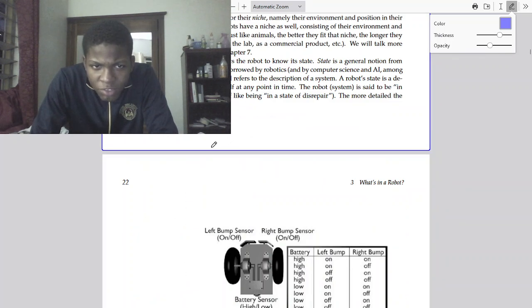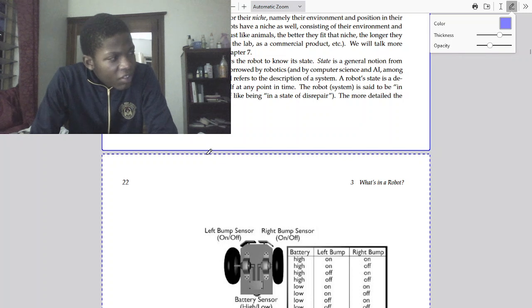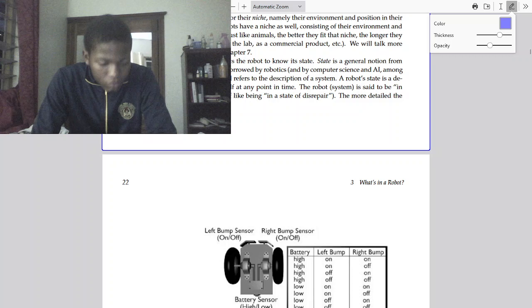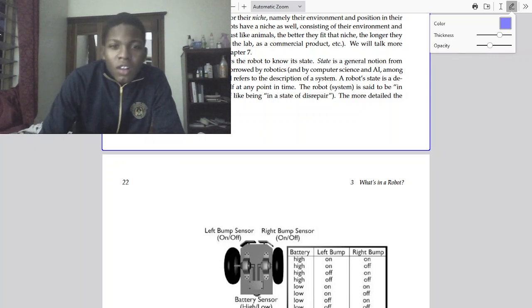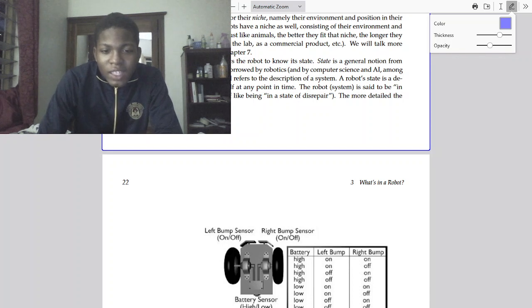Is there a metric for states? Because I can get that the robot's in a state. Like maybe a robot can detect danger. If it sees something around, it says the robot is in a safe state, or a state of safety. If it sees something dangerous, it says the robot is in a state of danger. But the size of the state, I understand what it's saying.